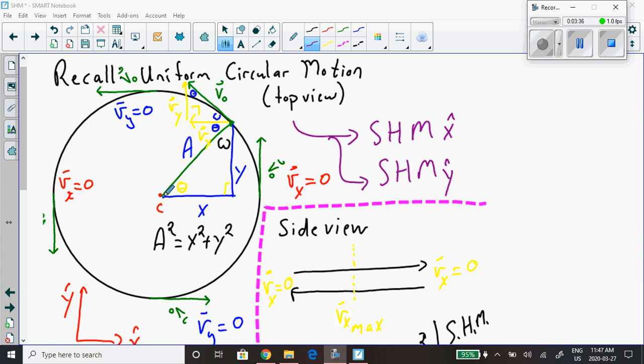Because that's as far away as it always is. It's its maximum position away from the center. So it's a good idea to call it A because that's related to the amplitude. When it's at that position right there, we can say that its position is the X component of A and the Y component of A, right there.